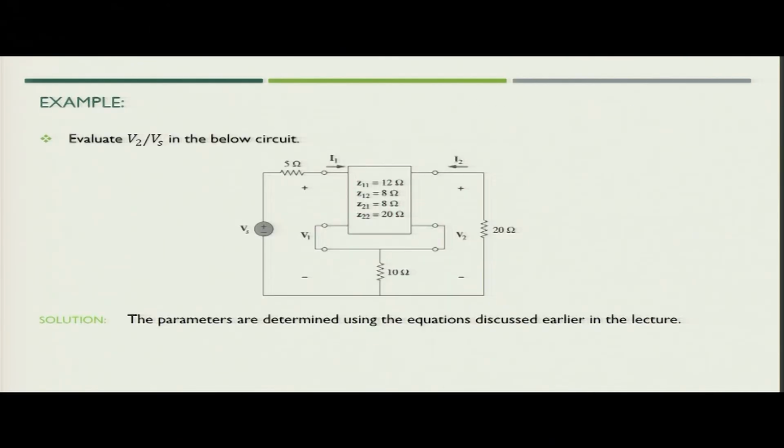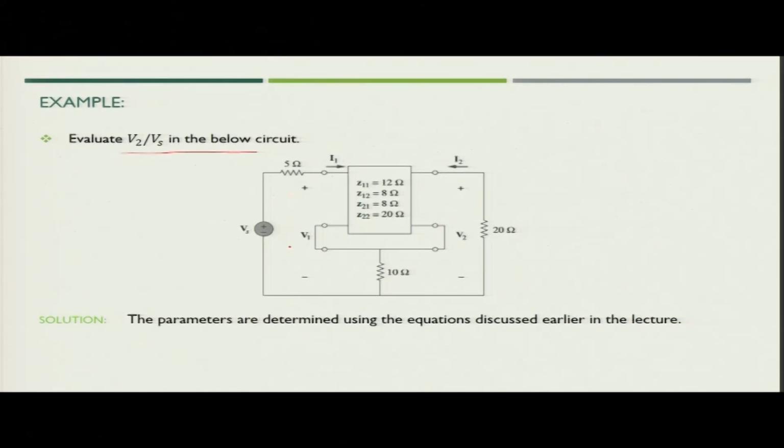Now, let us understand these concepts, the interconnection of networks which we discussed till now, with the help of a few examples. In this figure, the Z parameters of one two port network are given, and the Z parameters of the second network we need to find out.